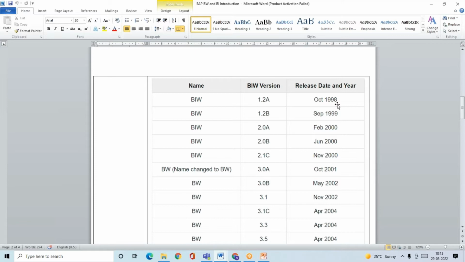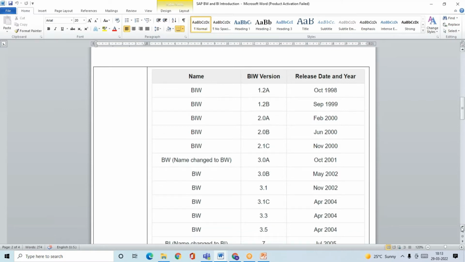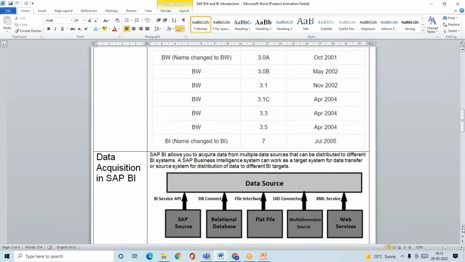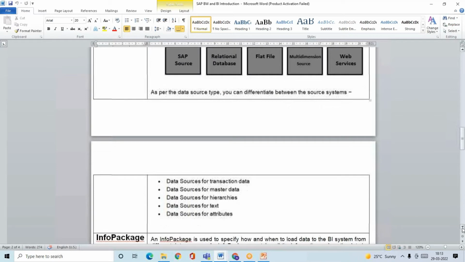They keep on adding new features so that the tool is very fulfilling to the user's requirements. So they started from 1.2a, 1.2b, 2.0, 2.0b, 2.1, 3.0, 3.1, 3.3, 3.5 version. Then 7, 7.5, like that we have n number of versions here.